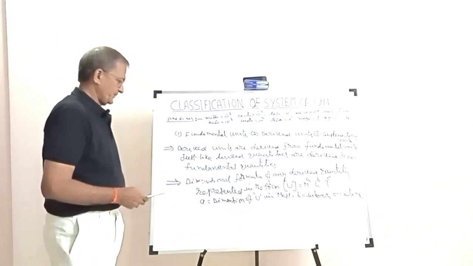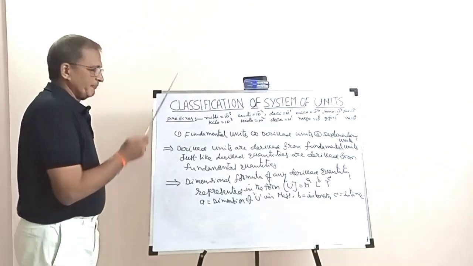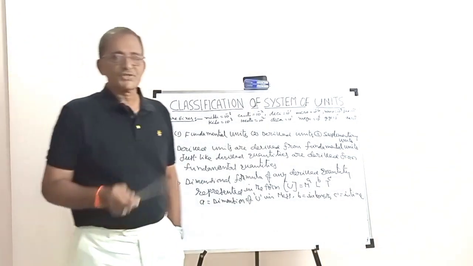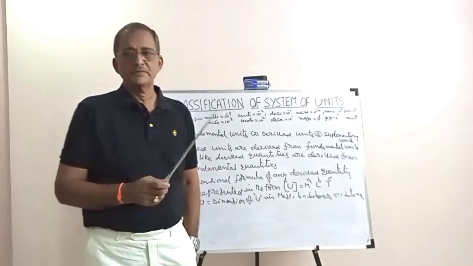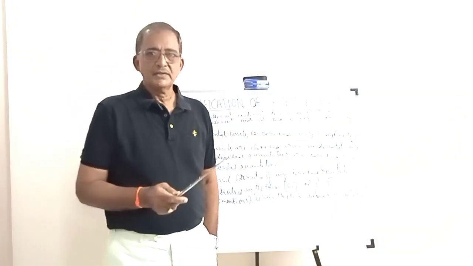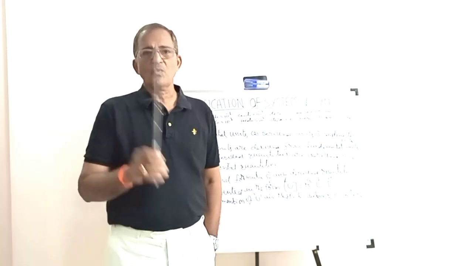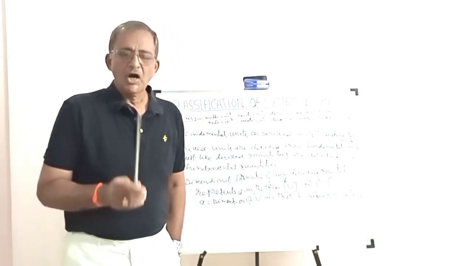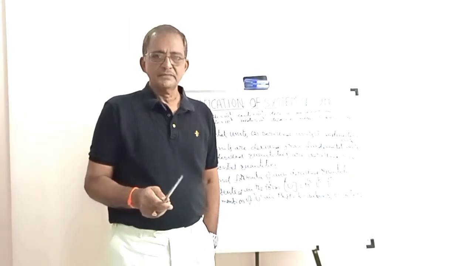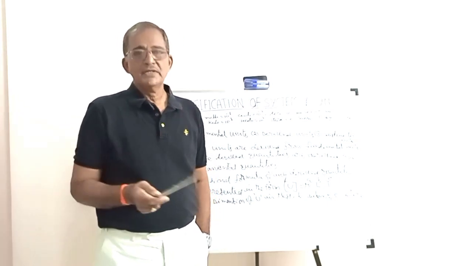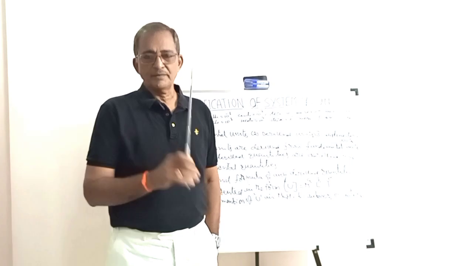For example, first of all, before going to the derived unit, we must know the structure of the derived quantity. The structure means how it is prepared with the involvement of fundamental quantities. That means how many fundamental quantities are involved in the derivation of the physical quantity and how many times each fundamental quantity is involved.